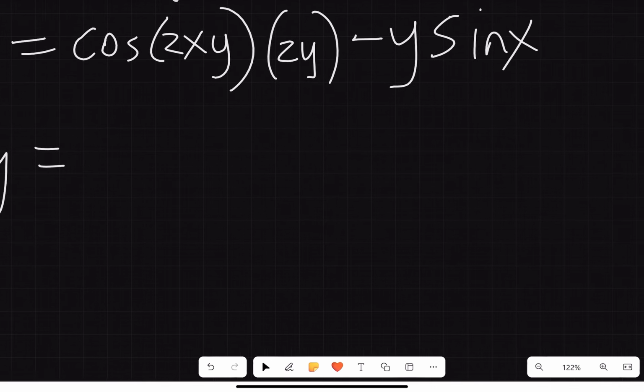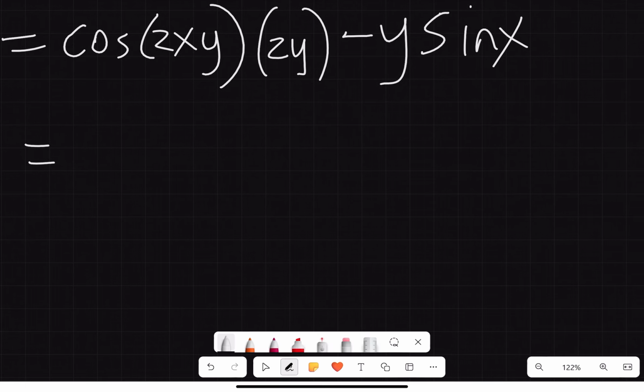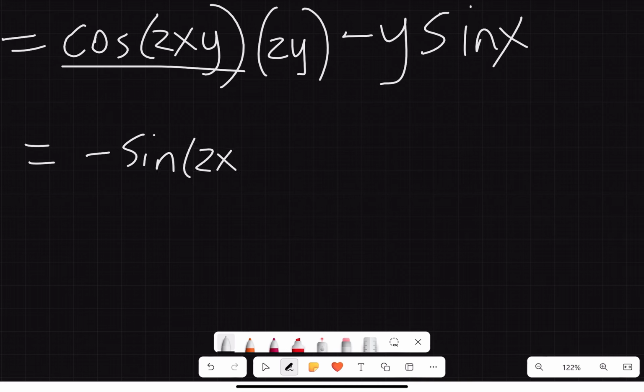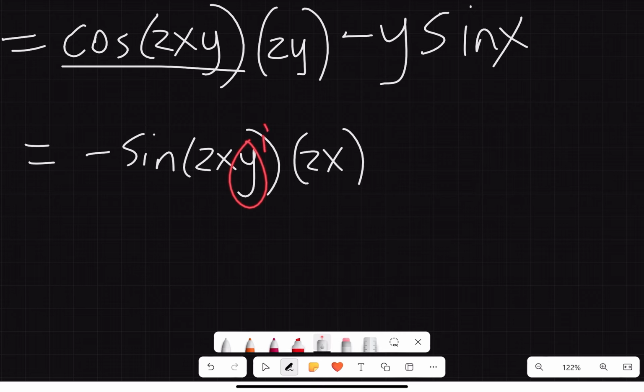According to the product rule, the derivative of this will be negative sine 2xy, and then I need to multiply by the derivative of the inside, which will be 2x. Remember, now we're deriving with respect to y, so it's y to the power 1 times 2, which gives us this, and then y to the power 0 is gone.